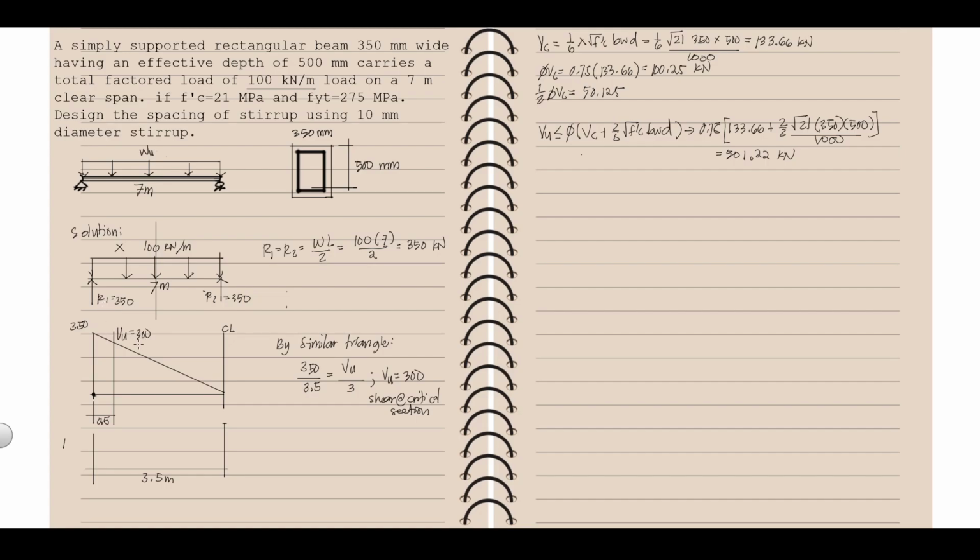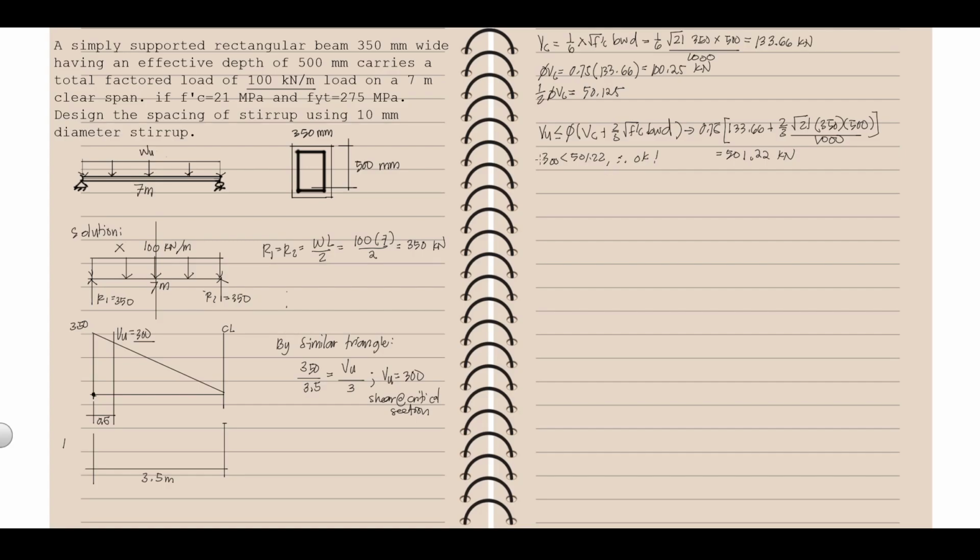Yung VU natin dyan is 300. So as you can see, dito ang VU natin is 300, no? So 300 which is less than this 501.22. So yung ating dimension is okay. Okay, so adequate na yun. No need to adjust. Okay?